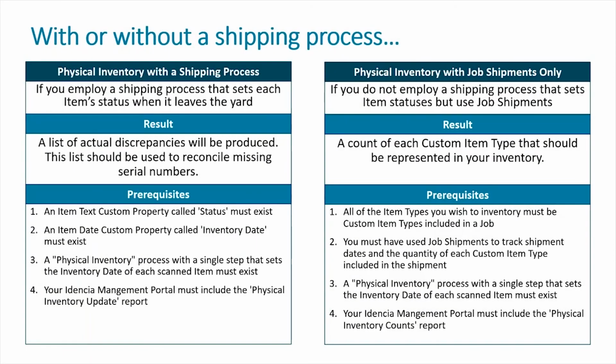So the types of physical inventory processes you can do will depend on whether or not you use a shipping process and set statuses for your inventory items in the Identia database. So if you employ a shipping process that sets each item's status when it leaves your yard, usually it sets the status to shipped or delivered or something like that.